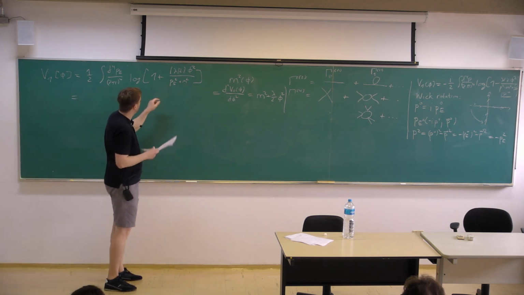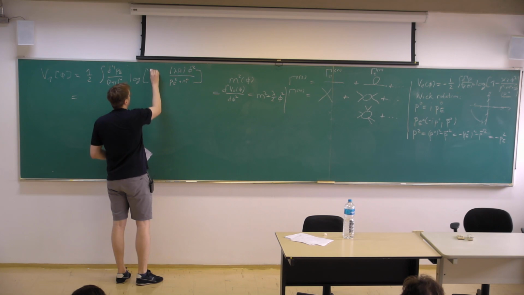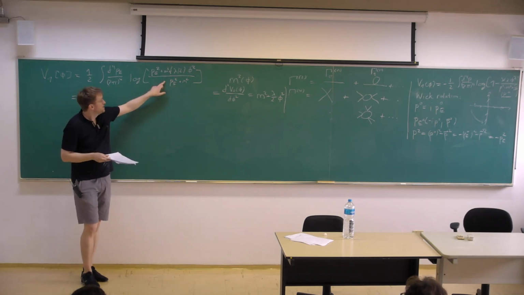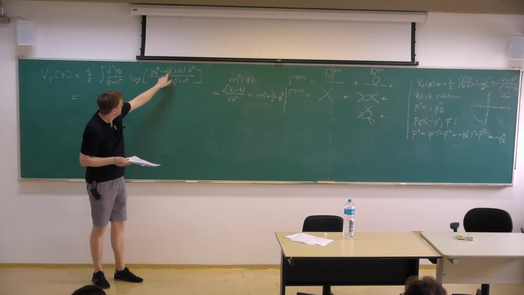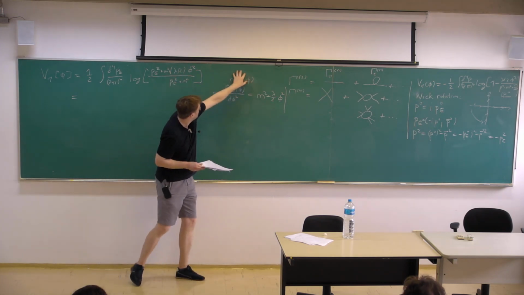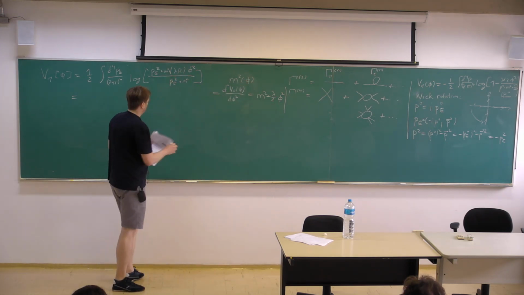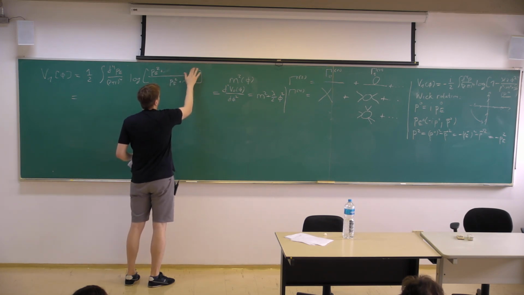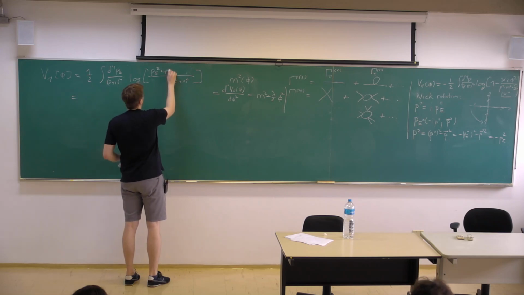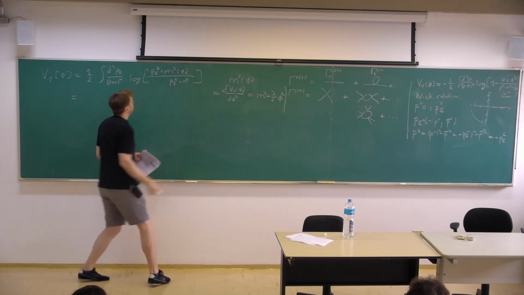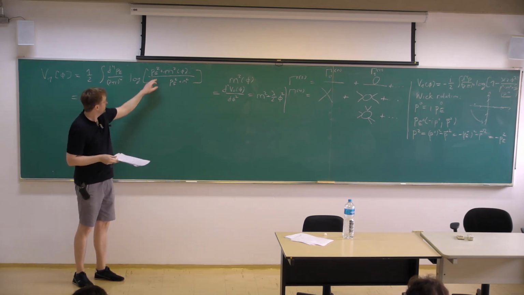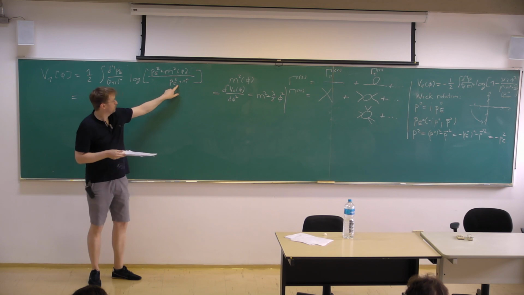Okay, so now I can write this as p_E squared plus m squared plus this. I just extend this, right? And now this expression here, you see, is exactly this field-dependent mass. So I can rewrite this as this field-dependent mass. And now I can write the log as log of this minus log of this.